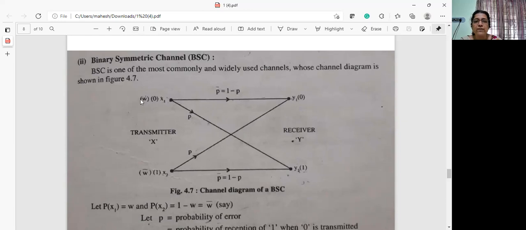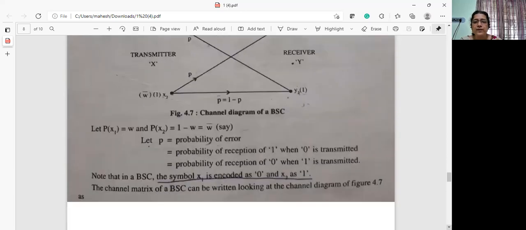Probability of x1 will be W, probability of x2 will be W bar, probability of y2 by x1 will be P, probability of y1 by x2 will be P, probability of y1 by x1 will be 1 minus P or P bar, probability of y2 by x2 will be P bar, that is equal to 1 minus P.